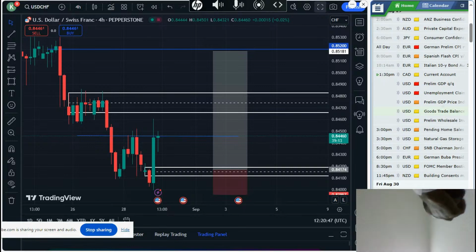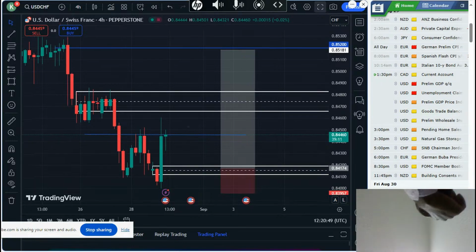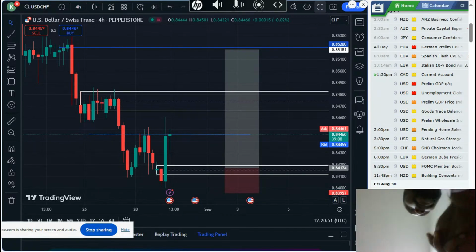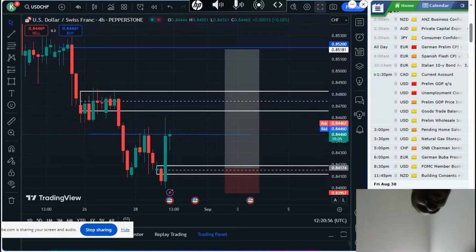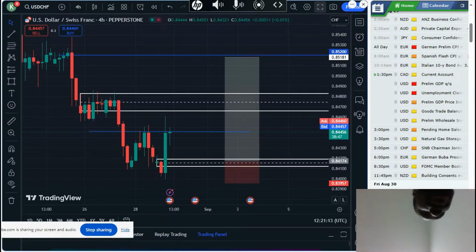In my analysis, I'll be looking at the USD Swiss franc, the gold, GBP USD, and Euro USD. Right in front of me, I have Euro USD and Swiss franc.